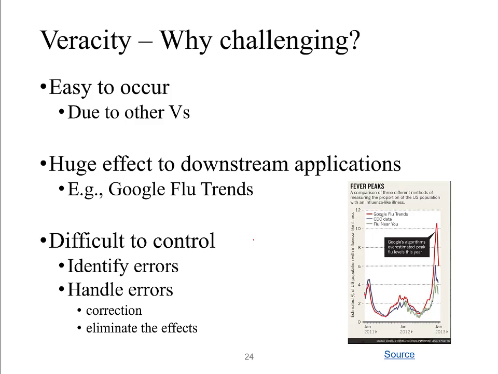This research was done by Google and CDC, and the data comes from multiple resources, but mainly from the records of flu-related search terms entered in Google's search engine. Of course, some machine learning models are used here to make the prediction.